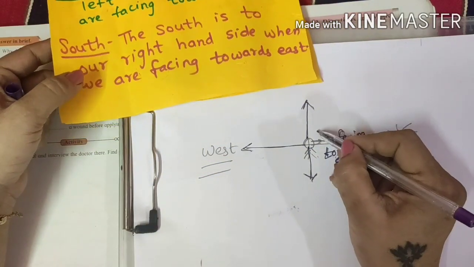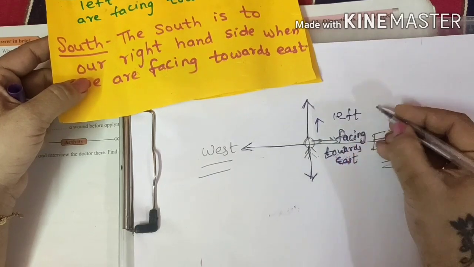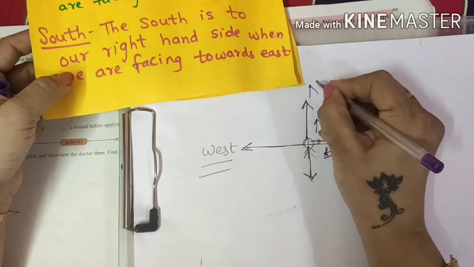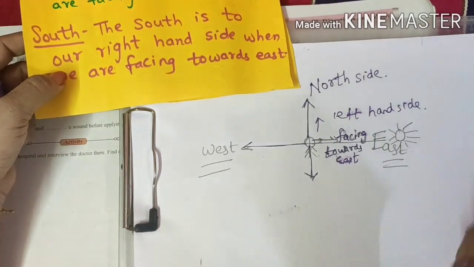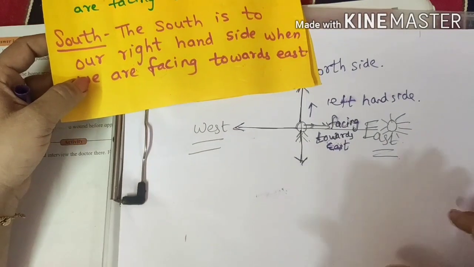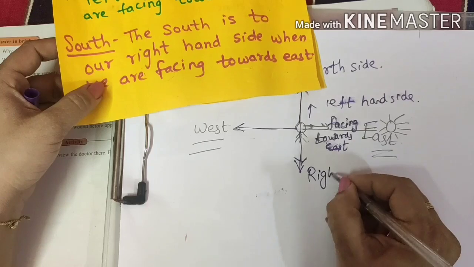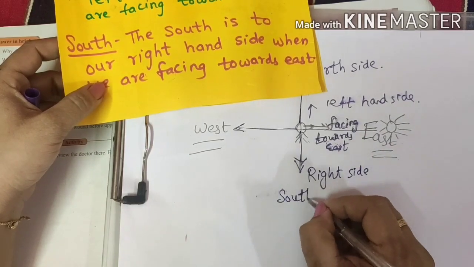Now this is our left hand side. So the left hand side will be our north side, and the right hand side will be our south side.